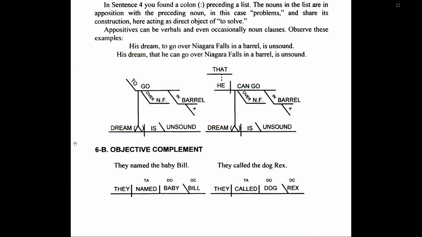The next thing is similar to the retained object. It's called the objective complement. And it's specific for certain verbs like named or called. Okay, so these verbs are transitive active. They named, they called. Well, what did they name? Where's the direct object?